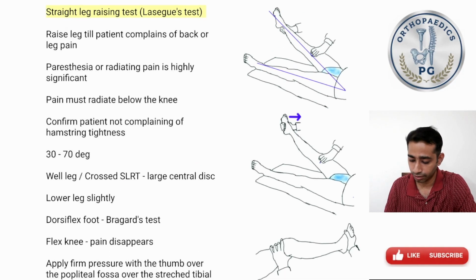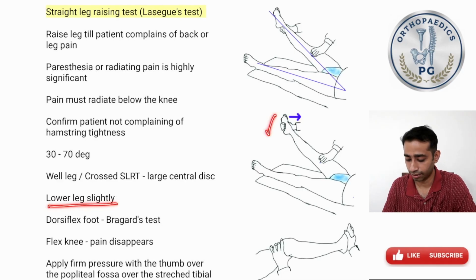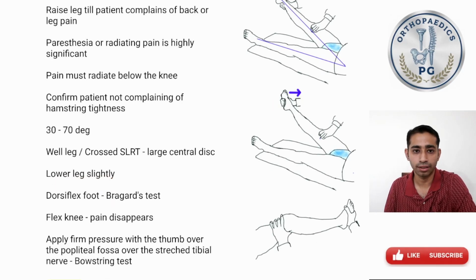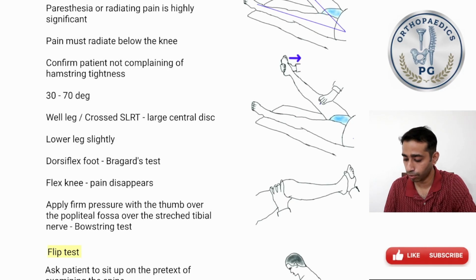After you get the Lasegue test positive, you have to slightly lower the leg. The pain should disappear. Then you dorsiflex the foot, which increases the stretch on the sciatic nerve. If this is positive, this is known as Bragard's test or Bragard sign positive. Following this, you again flex the knee and the pain should disappear.